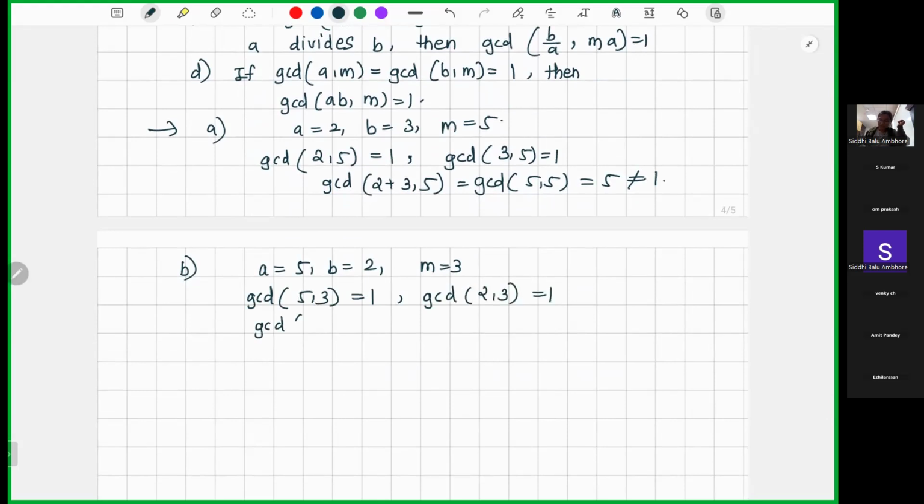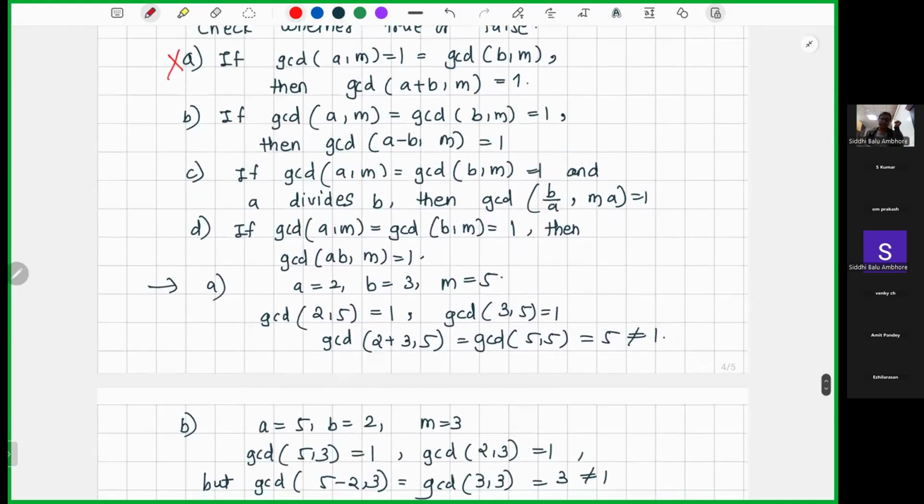But GCD of 5 minus 2 comma 3, which is GCD of 3 comma 3, is definitely not equal to 1. So this second statement is also not true.